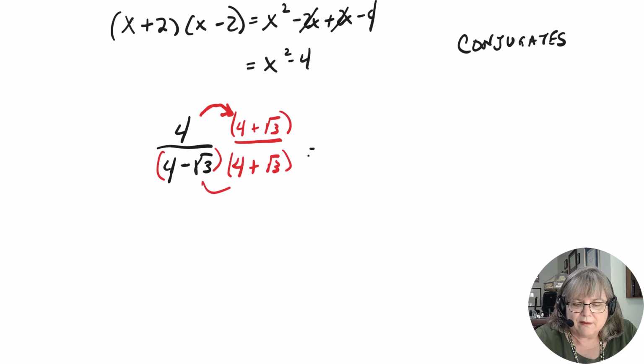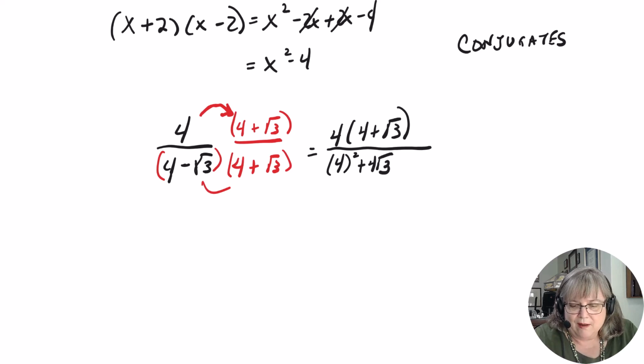So you would have 4 plus the square root of 3, because if you want to, you can always multiply this out later. But the bottom would be, and I'm going to write this out the long way, 4 times 4 is 4 squared. 4 times the square root of 3 is a positive 4 square root of 3, minus 4 square root of 3, minus the square root of 3 squared.